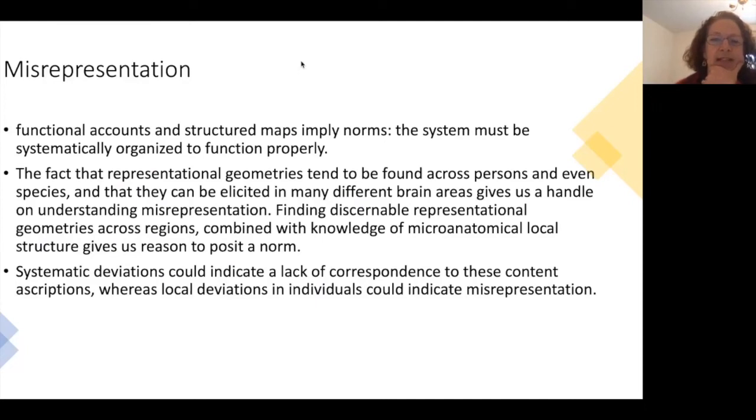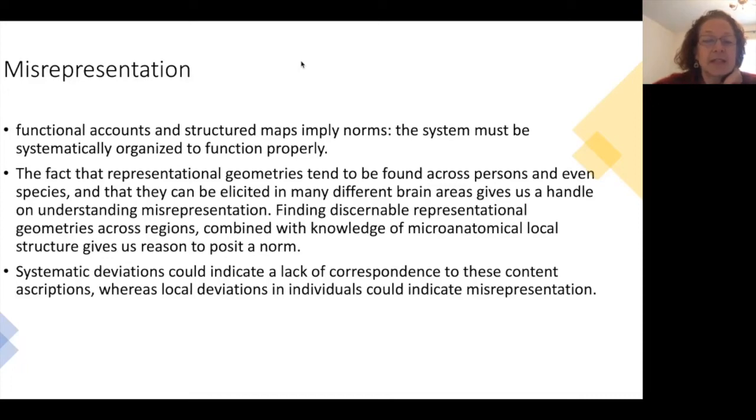But I think that with things like representational geometry, you have at least the kind of stuff you need to make a plausible account of norms, because structure requires a coherence of a system, and the system has to maintain a certain kind of organization and certain kinds of transformations across different levels of hierarchies.